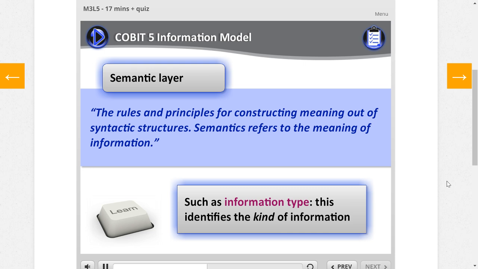For example, the information may be financial or non-financial. Information currency. This identifies the time horizon referred to by the information. For example, it might relate to the last financial year or the current one. Information level. This identifies the granularity of the information, such as daily, weekly, monthly, and so on.